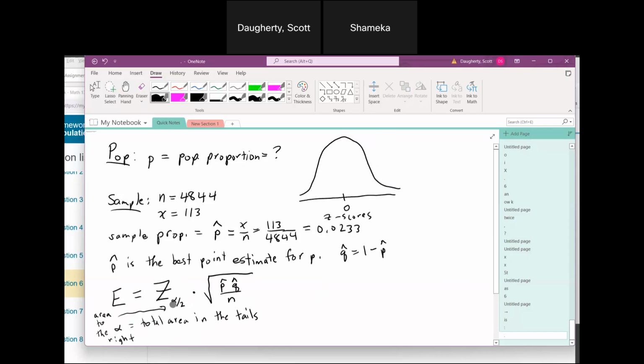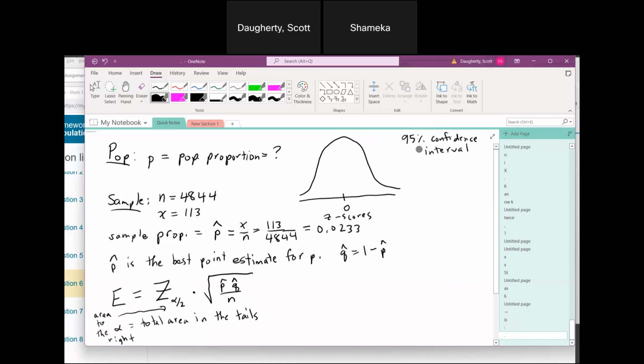And so what this refers to is that every time you do a confidence interval, you have to determine what level of confidence you're going to use. So they said to use a 95% confidence interval here. Some of the more common ones are 99%, 95%, and maybe 90%.